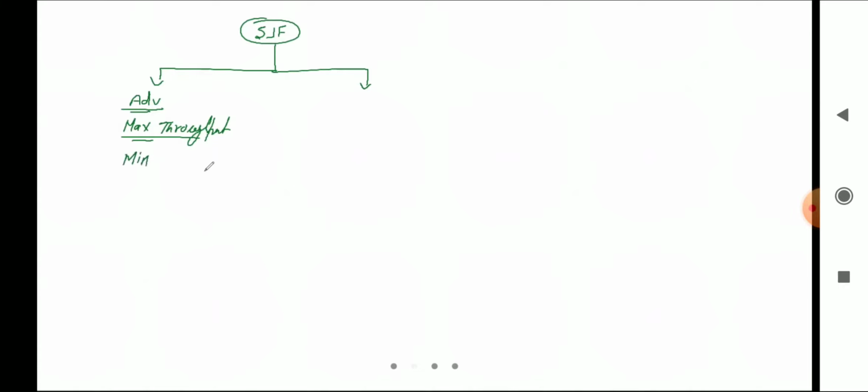Another thing, there will be the minimum waiting time and turnaround time. So waiting time and turnaround time will be minimum. So these are the two major advantages of the shortest job first.